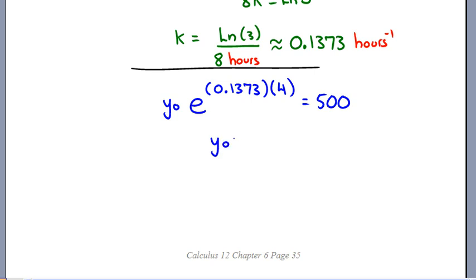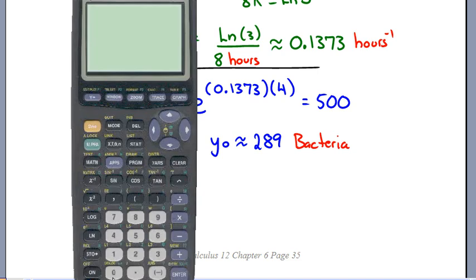And I can find that the original number of bacteria, if I round to the nearest bacteria, is 289 bacteria. So all I would be doing there, I just say, okay, solving for this original amount, 500 divided by this exponential. Up in the exponent, these are rough numbers, it'll be close, 0.1373 times a 4, and there's your 289 bacteria.